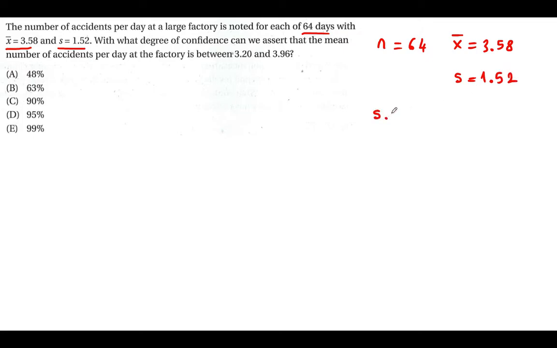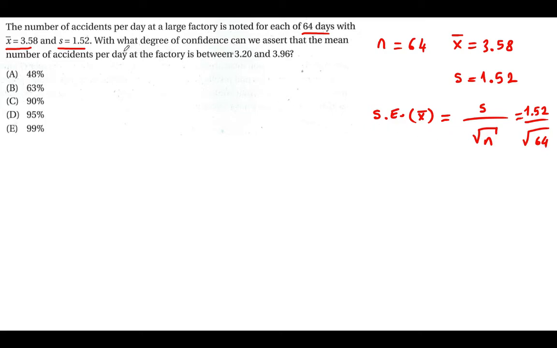Now the standard error for the x bar, which I will use in my formula, is equal to my standard deviation for the sampling divided by square root of n. So in this question, it will be 1.52 divided by square root of 64.